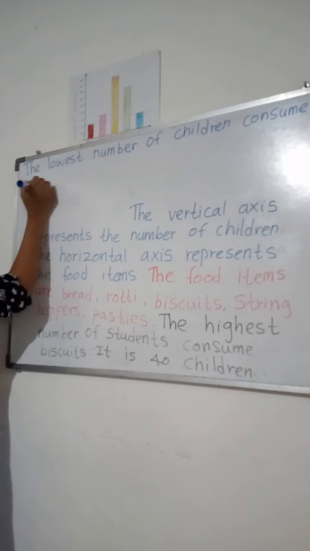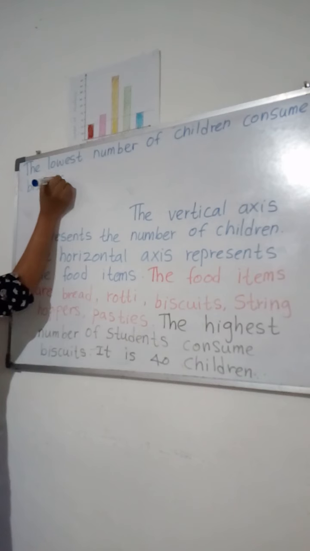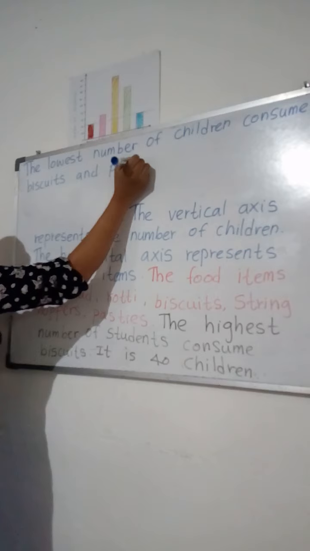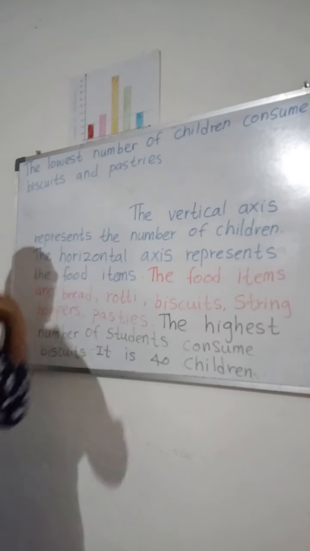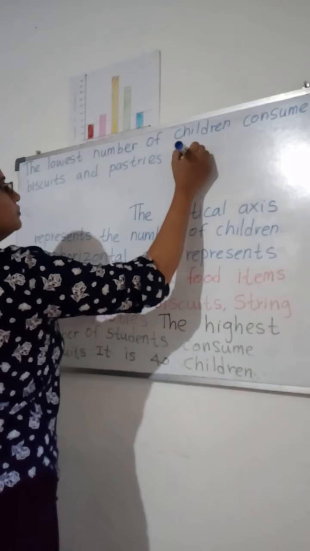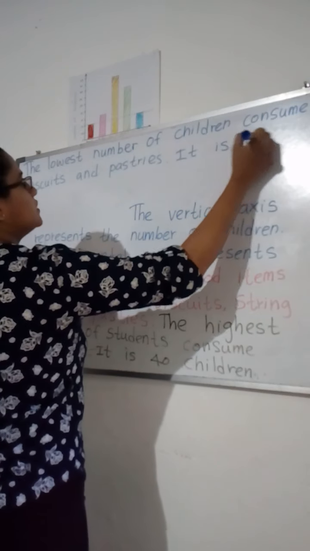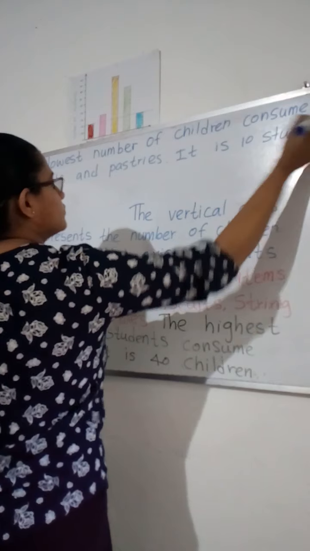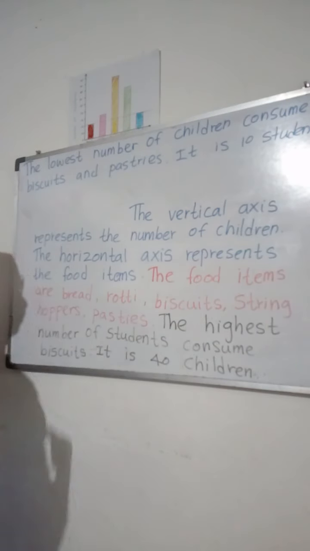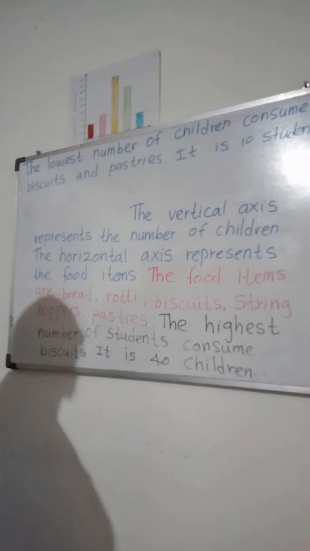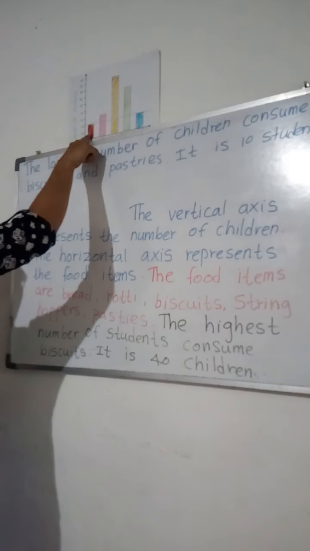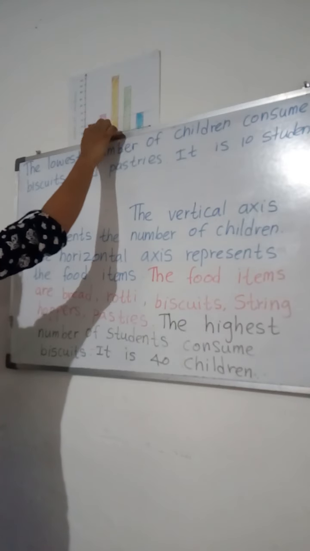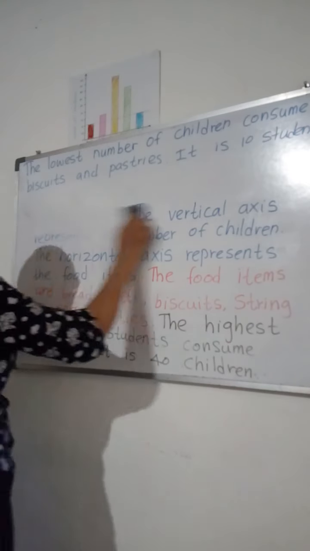Bread and pastries. We can write down the number. It is 10 students. Okay. What's next? We mention these two and this. We have to mention about these bars.